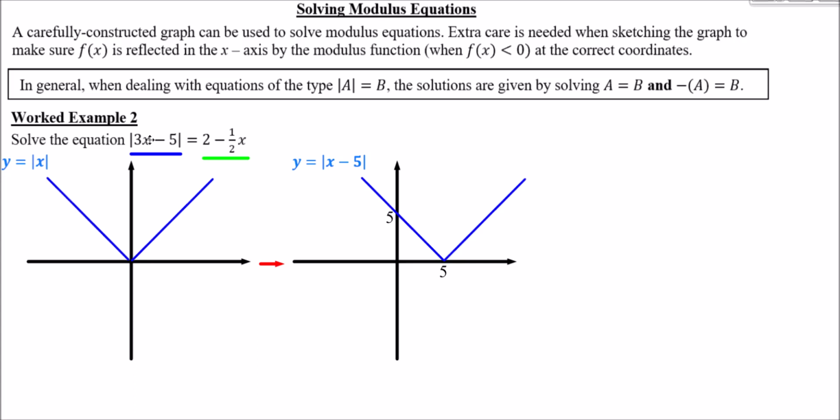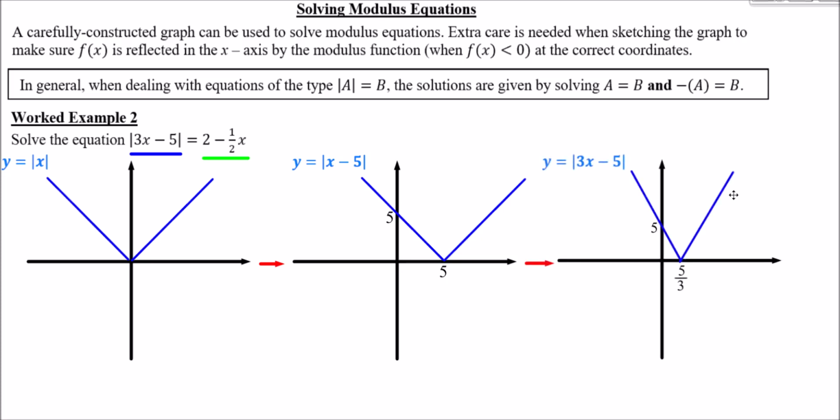Y coordinates are unchanged, so 5 will stay at 5, but this point here will go to 5/3. So our V is going to become bent inwards, made steeper at both sides symmetrically. So y equals mod of 3x minus 5 will look like this with these axes intercepts.